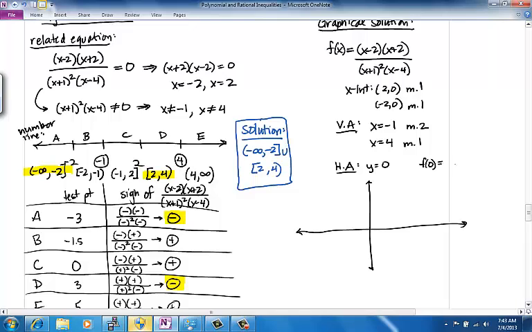It would have negative 2 times 2 over 1 times negative 4, which is negative 1. Nope, positive 1. It's important to get the sign right. That's what we really care about. So negative 4 over negative 4, that's positive 1. Then we should be able to put a graph together.